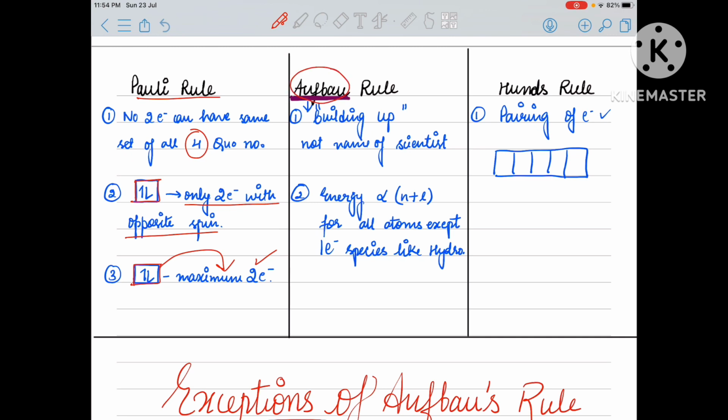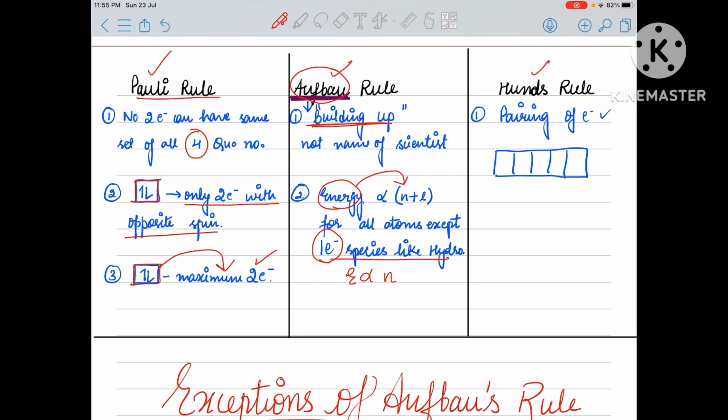And Aufbau, there is a lot of confusion about Pauli and Aufbau. Pauli is the name of a scientist, but Aufbau is not the name of a scientist. It is clearly mentioned in NCERT that Aufbau means building up. So Aufbau only and only talks about energy, which is directly proportional to the n plus L rule for all atoms except one-electron species like hydrogen, where energy depends only on the value of n.